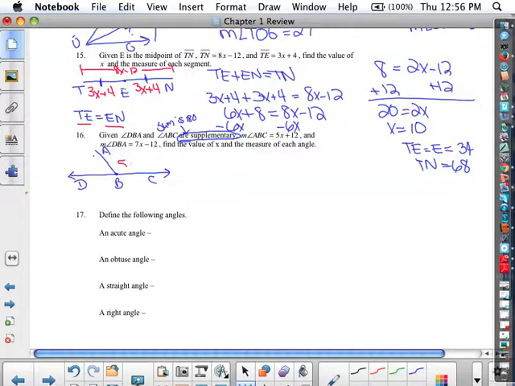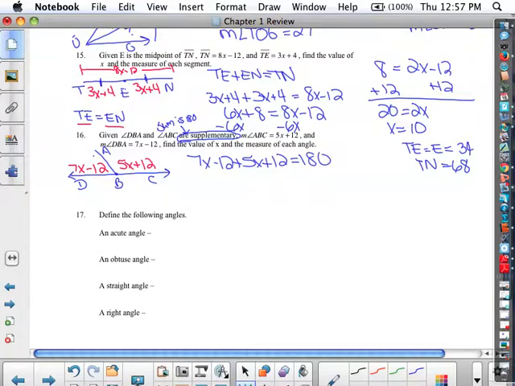ABC is 5x plus 12, and DBA is 7x minus 12. But because it says they're supplementary, we know the sum is 180, so therefore 7x minus 12 plus 5x plus 12 equals 180.